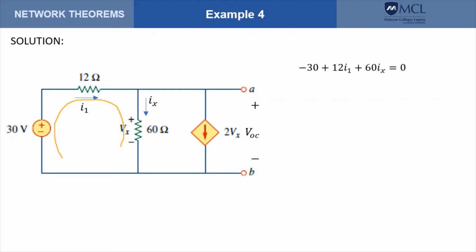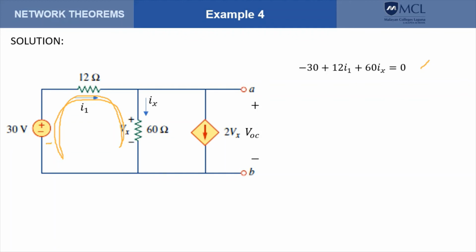So that means that we look for loops here that have no current source in order to write a KVL equation, and we also look for nodes from where we can write a KCL equation. So first, I use this loop here to write a KVL equation, and that equation is this one.